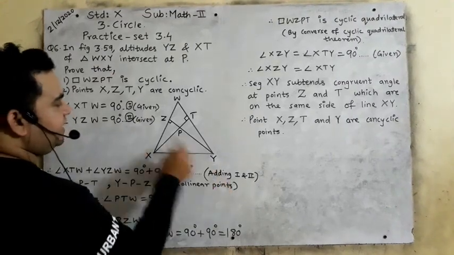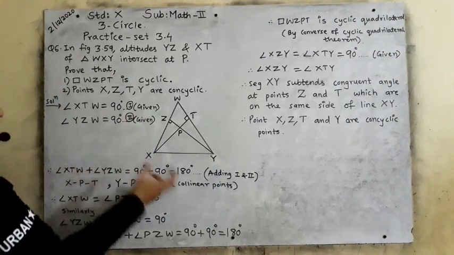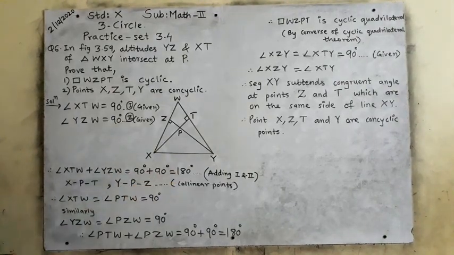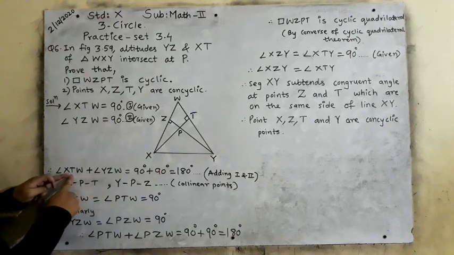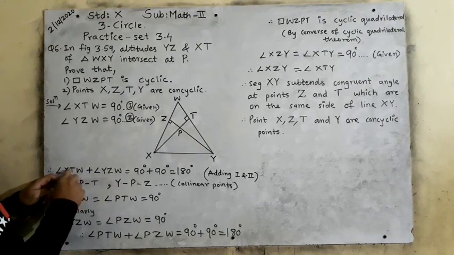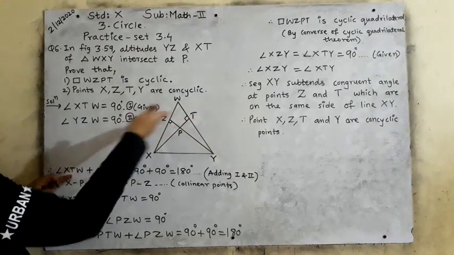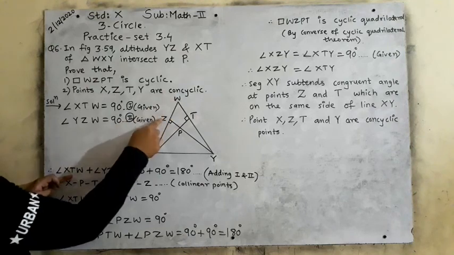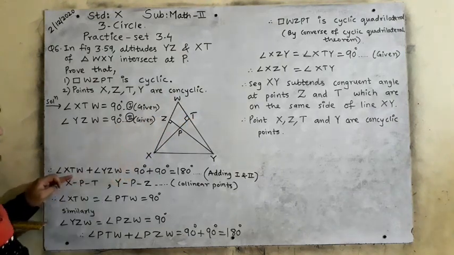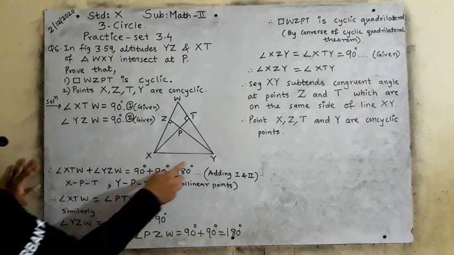How have we done this? We added number 1 and number 2 together, so it is 180 degree. Which alphabet comes in between here? T. Which alphabet comes in between here? Z. So angle T and angle Z are opposite angles of this quadrilateral. So it is 180 degree.